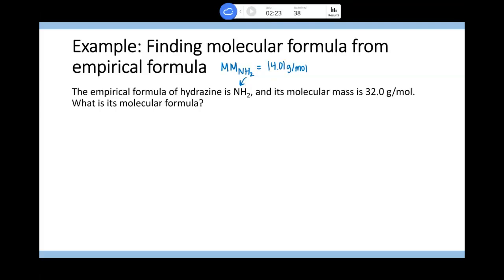I have the atomic molar mass of nitrogen, 14.01 grams per mole, plus 2 times the molar mass of hydrogen. So I have the molar mass of the empirical formula, 16.036 grams per mole.